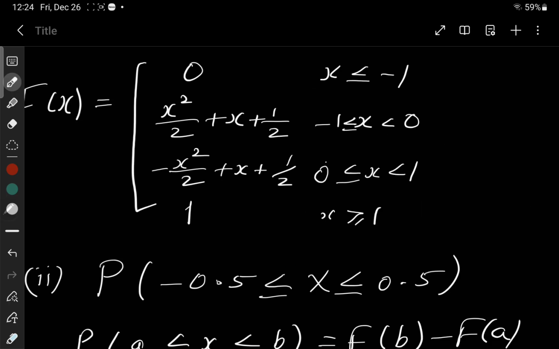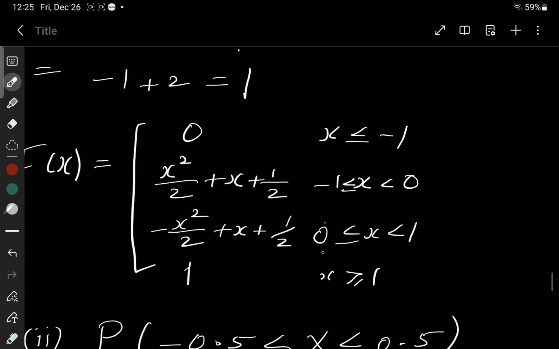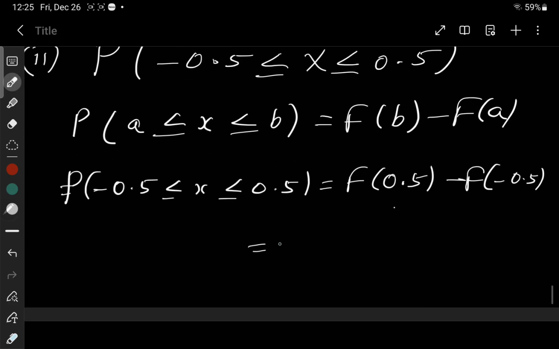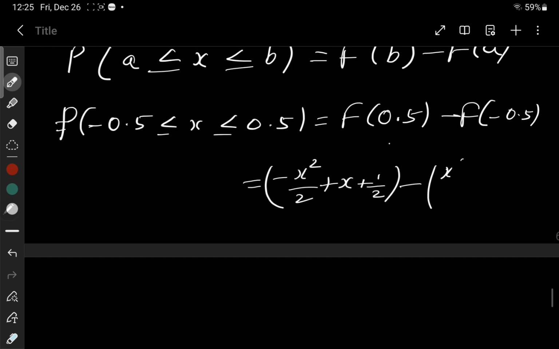Just see where f of 0.5 lies. It is between 0 and 1, so it is in the third case: minus x squared by 2 plus x plus 1 by 2. You have to take that function, and minus, see what about minus 0.5? It lies between minus 1 and 0, so it is in the second case: x squared by 2 plus x plus 1 by 2.